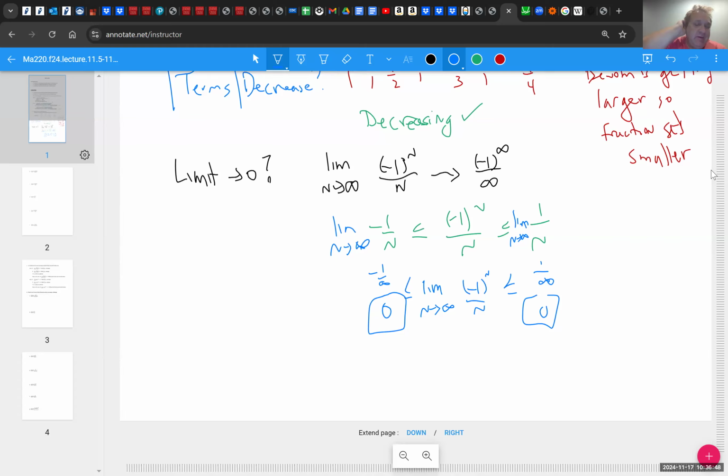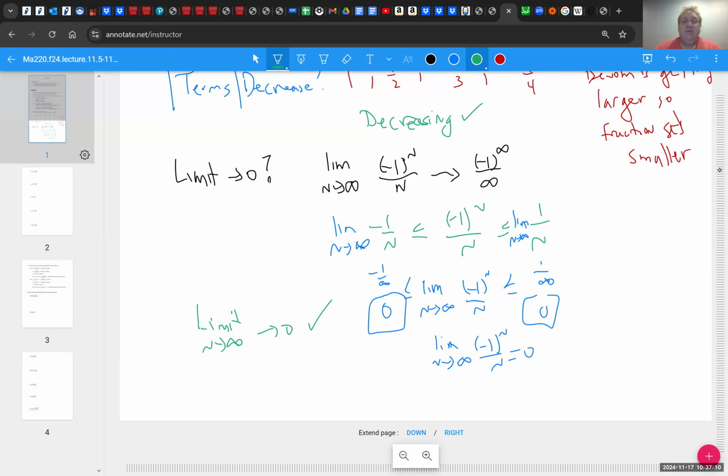But like I said, honestly, we don't care much about the negative signs; they don't really affect these kinds of limits. But mathematically, you should be doing the squeeze rule to show definitively that this is equal to 0. So we have satisfied all three conditions. The limit as n goes to infinity goes to 0.